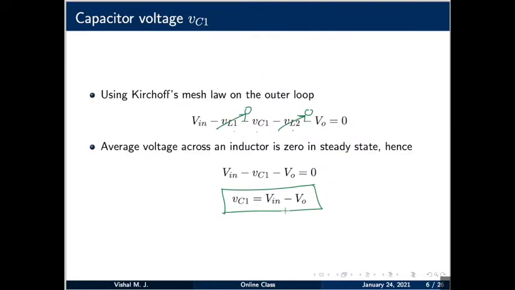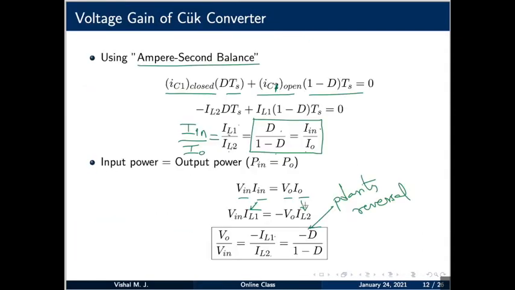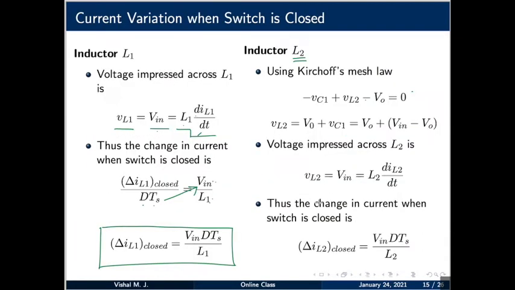Vc1 is nothing but input voltage minus output voltage. So, this minus V0 and this V0 will get cancelled. So, there also you will get the voltage across the inductor is same as the input voltage, exactly as in case of VL1. So, VL2 is also equal to Vin, which is equal to L2 dIL2 by dt.